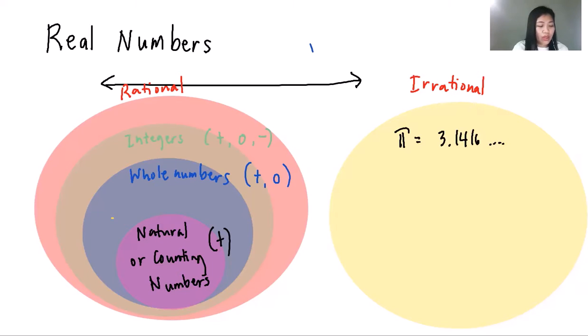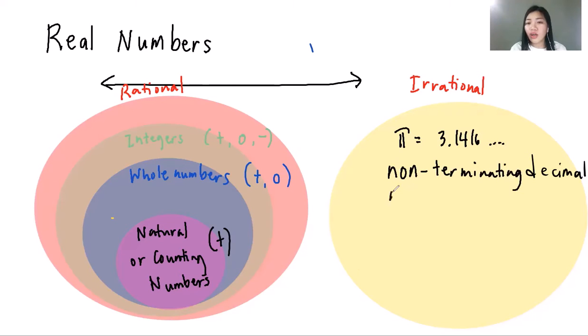Okay? So anything that is non-terminating and non-repeating is classified as an irrational number.